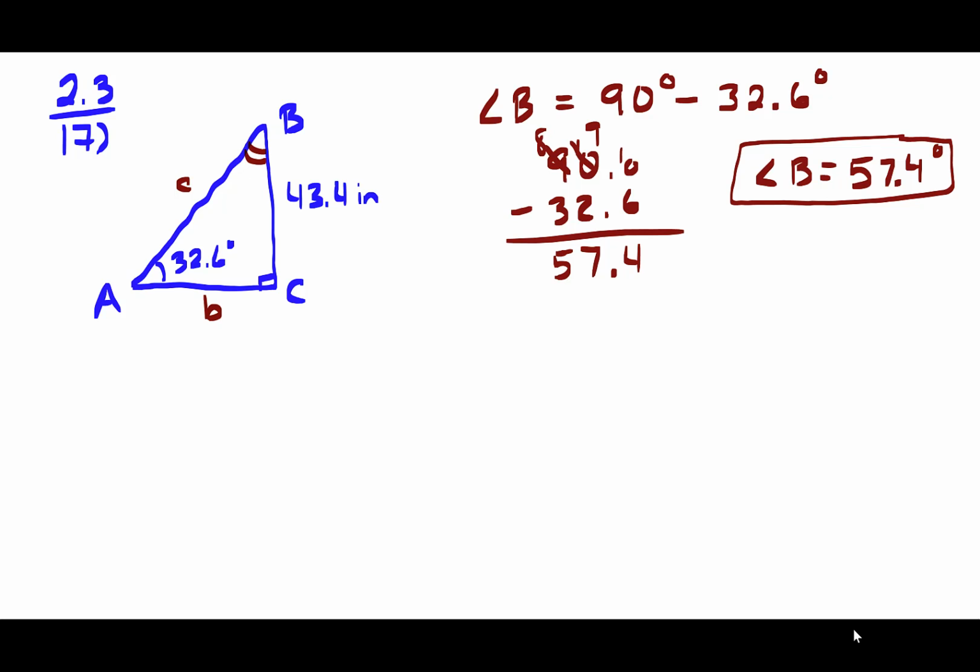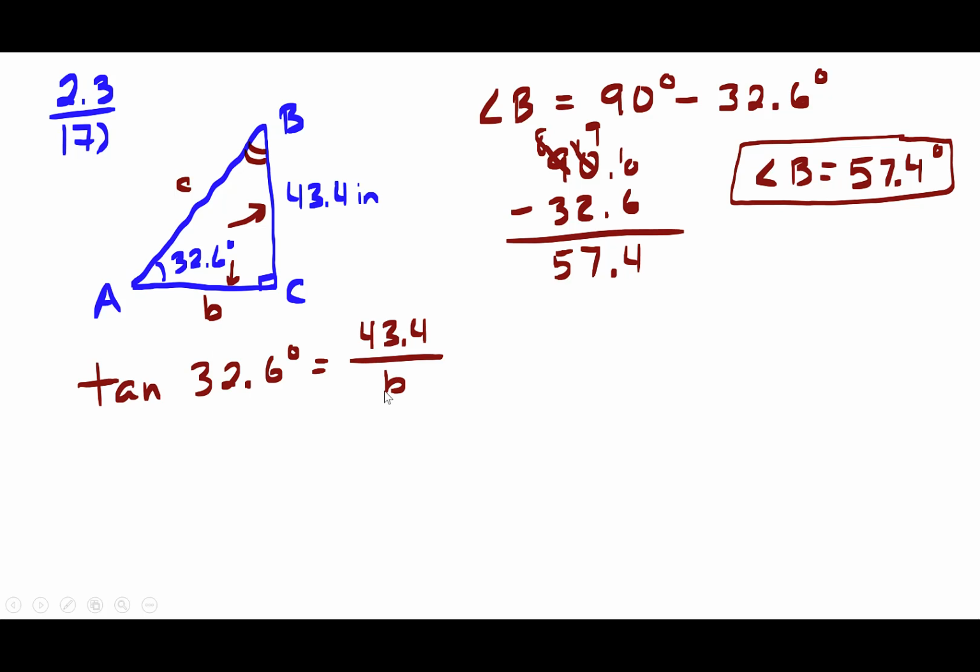So next I figure out what else I want to know. I can figure out the relationship between little a and little b. If I think about this, this is opposite over adjacent. That's tangent. So tangent of A equals the opposite side divided by the adjacent side. And this one's going to be the two-stepper, right?